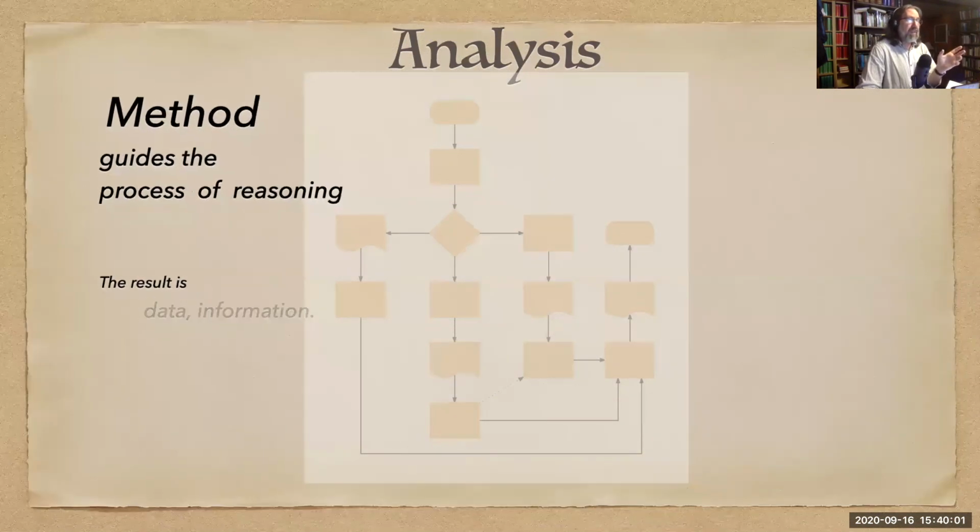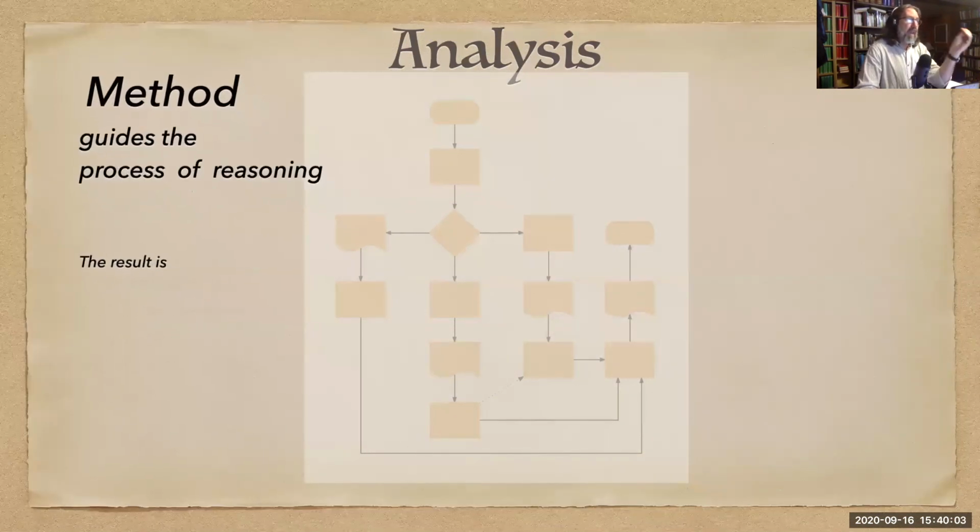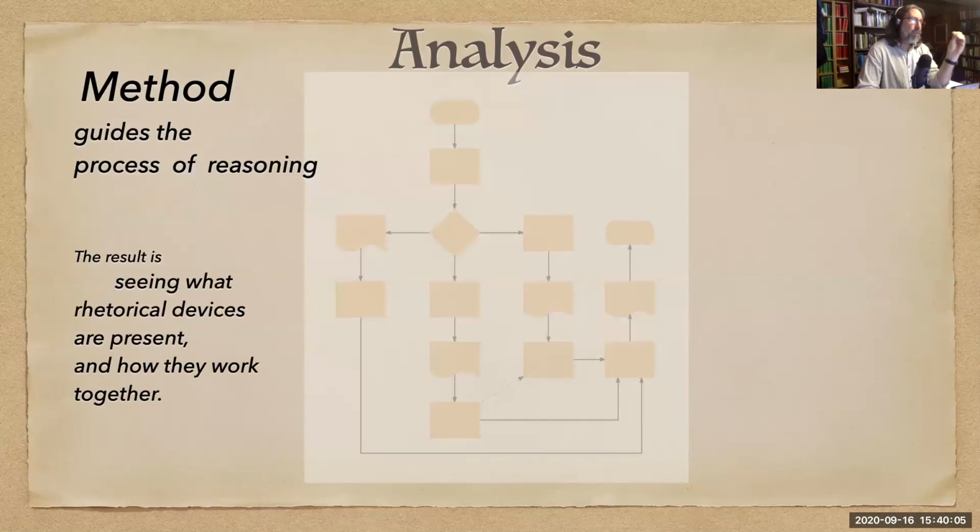Okay, yeah, this is why it's misleading. Method is going to guide your process of thinking about your artifact. That is, method's going to guide your analysis. And the result is that data, the information that comes from applying your method, is a list of the rhetorical devices that are present here and how they're working together. That's what your method is going to do for you.